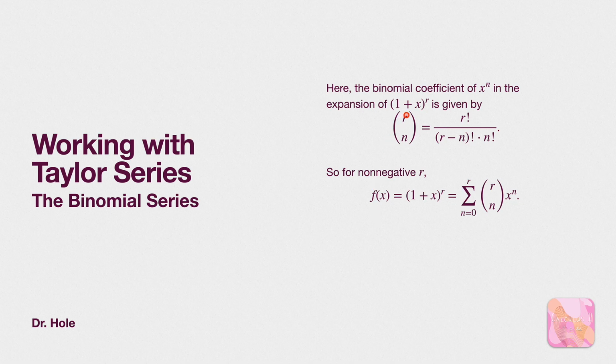Now, what we've looked at is the power r being positive integers. And in this case, we have that the function f of x, defined as the binomial 1 plus x quantity to the r, may be expressed out in summation notation using the binomial coefficient.